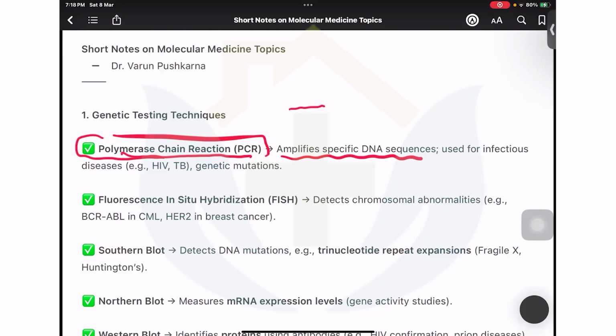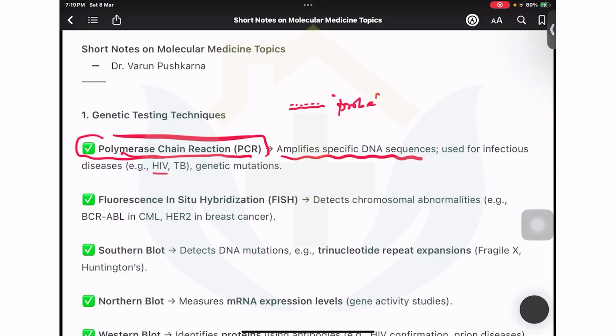This DNA polymerase gets the nucleotides and attaches them on the sequence of that small part of DNA, the DNA probe, which is delivered into the medium, and then it amplifies those sequences only. This helps us diagnose conditions which are very difficult to diagnose, like HIV.